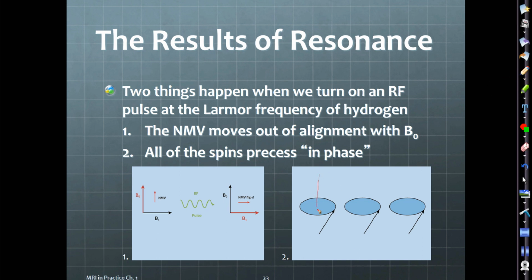Remember, B sub 0 ran straight up and down. And that precessional path was denoted by that dotted line. But that's that secondary spin. What it means by they're in phase with each other is that they're at the same point along that precessional path. They're in phase with each other.